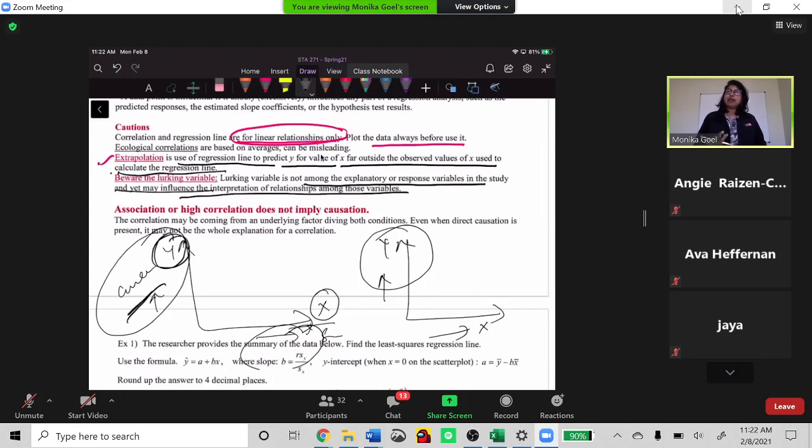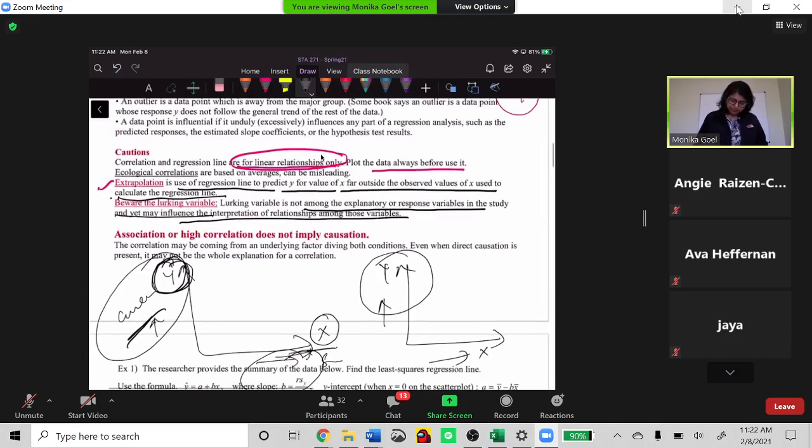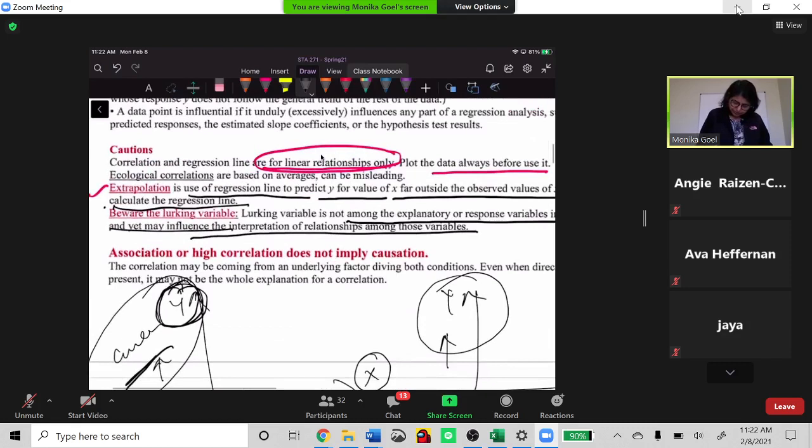If I'm using 2 or 3 explanatory variables, I'm not sure the result on Y is just because of X1, X2, X3. Then I can say the result is because of a mixed variable, and we call them confounding variables. Let me write that here also.